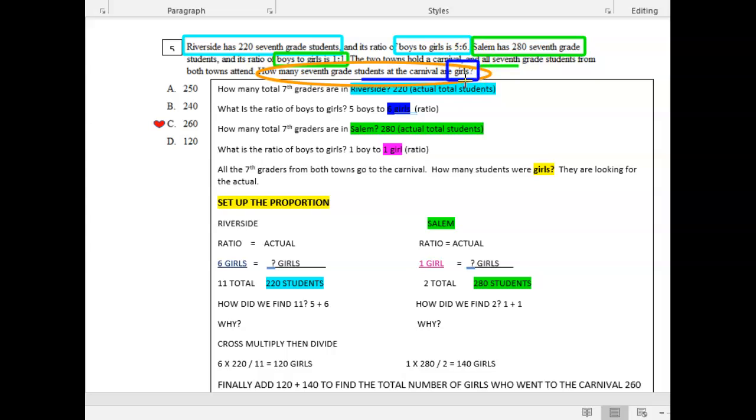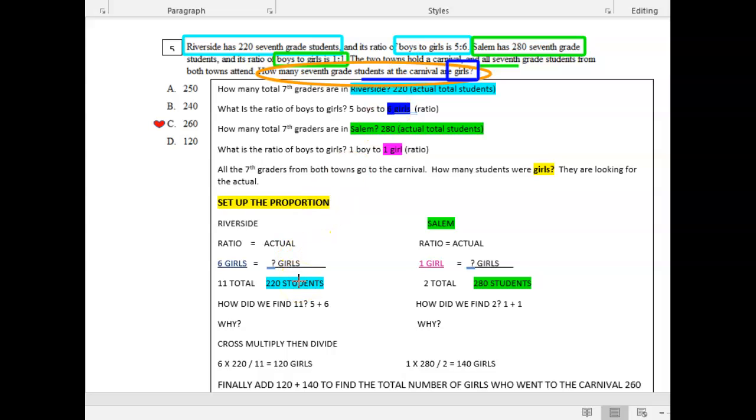Remember I told you that was going to be important? Because of that, I'm going to focus on the girls on each of these proportions. That is going to be my numerator for my first proportion. There are 6 girls in the ratio that represent Riverside.